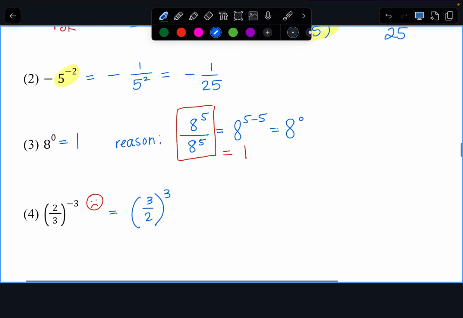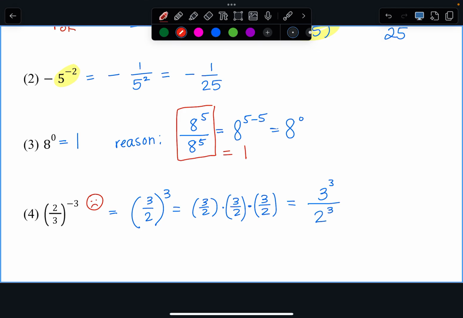Reasoning behind this is saying 3 halves is repeated 3 times. That means 3 over 2 times 3 over 2 times 3 over 2. But we don't want to have to write it out every single time. How many times is 3 repeated? 3. How many times was 2 repeated? 3.